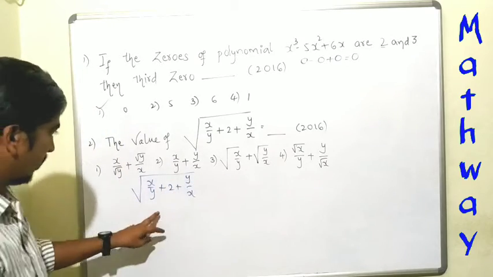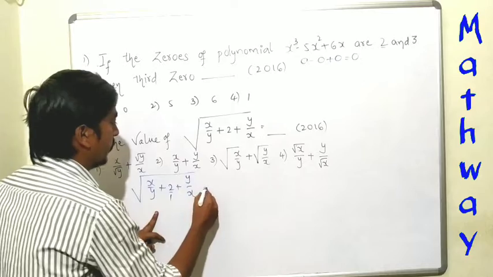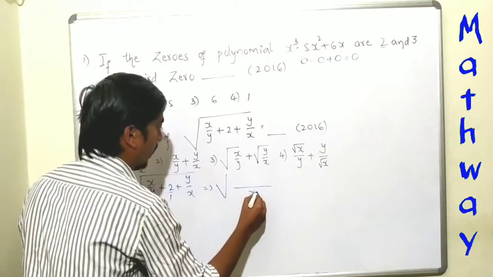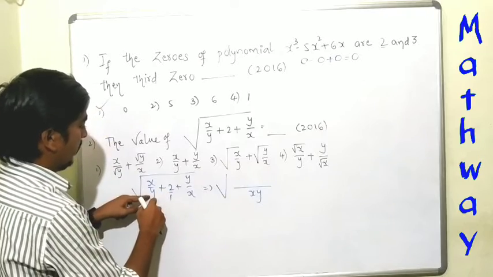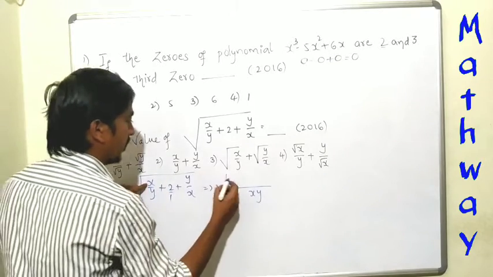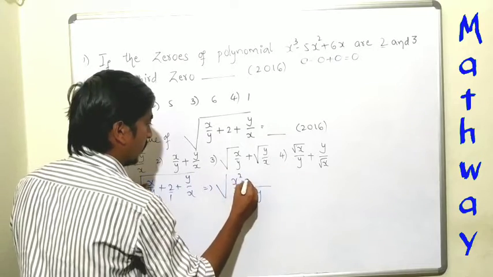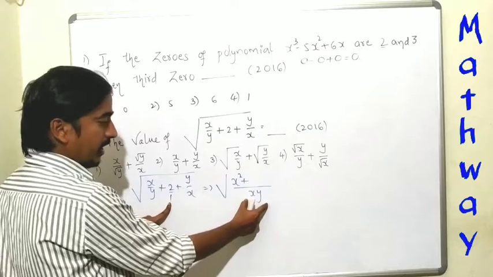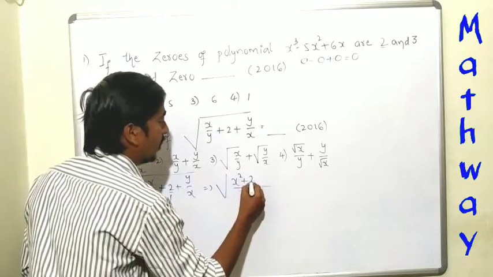Just simplify this. Here I am taking the LCM. The denominator is xy. Here y there, x is missing, so it is x into x square, plus 2 by 1. The denominator 1, we want xy, so multiply with x and y.